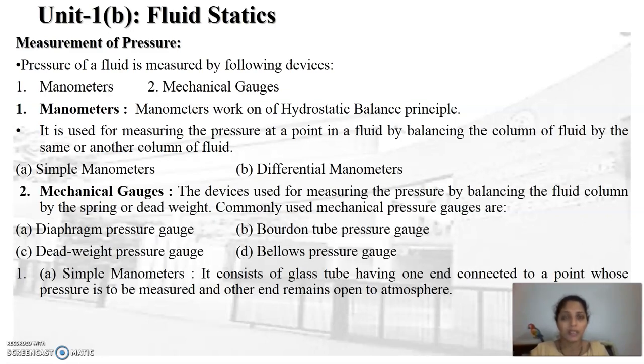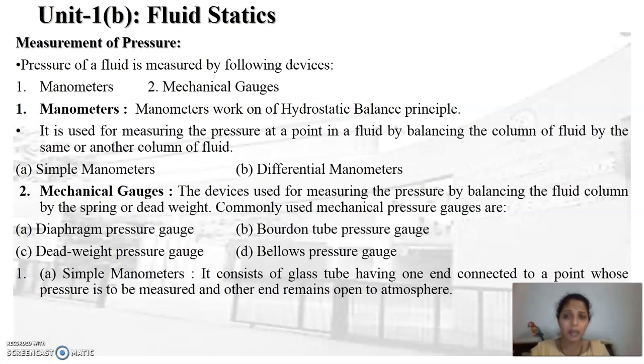So pressure can be measured at a particular point, or we can measure the difference between the pressures at two different points of the same pipe or of two different pipes. These manometers are classified as simple manometers and differential manometers. What is meant by simple and differential manometers, we will see in detail in the next session.